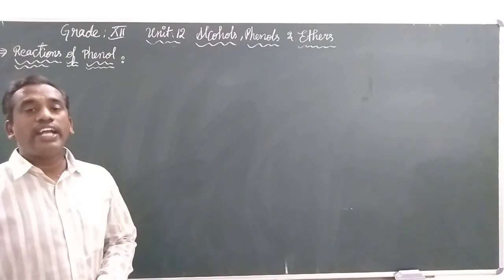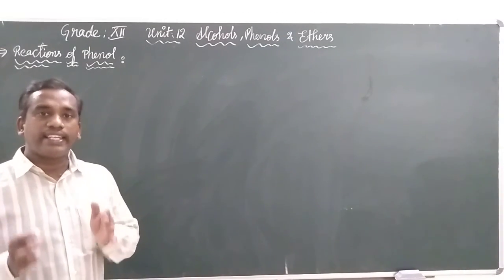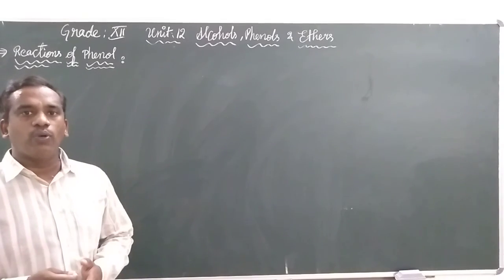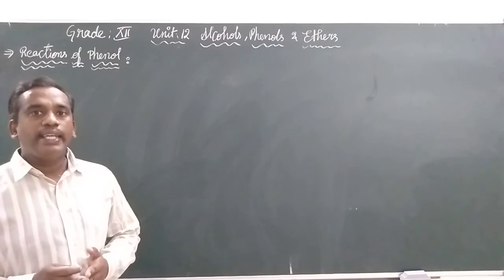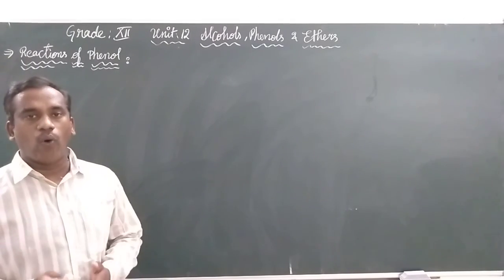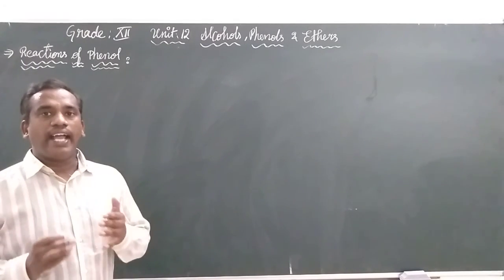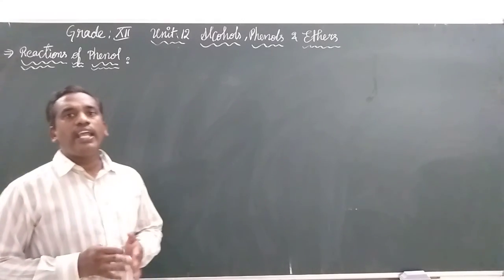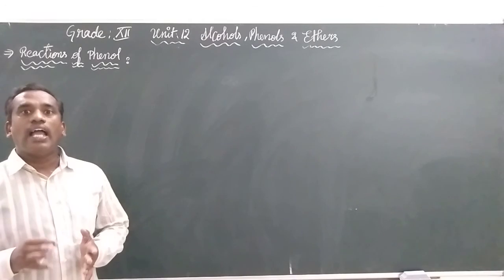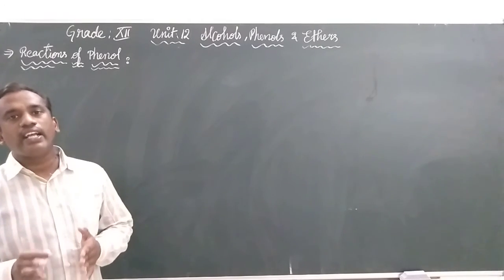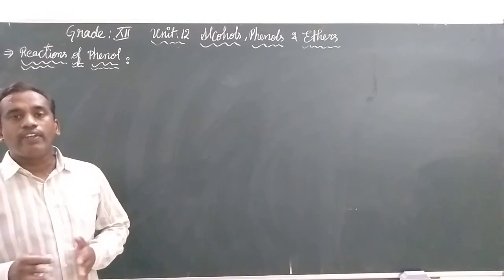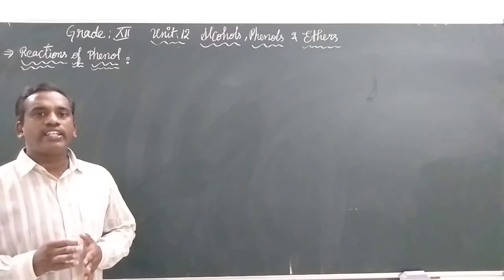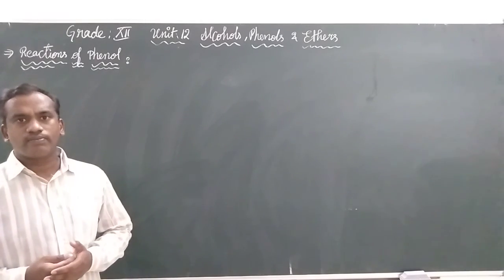Up to now, we have discussed the chemical reactions of alcohol. Now we are going to continue with the reactions of phenol. In our previous class, we had already discussed the acidity of phenol. Phenol has a pKa value of 10 and is more acidic than an alcohol.